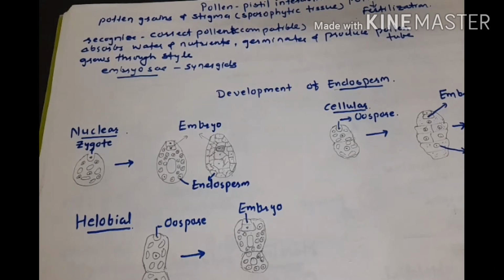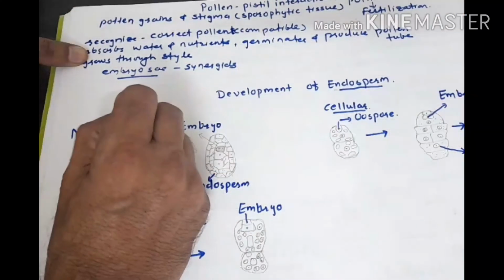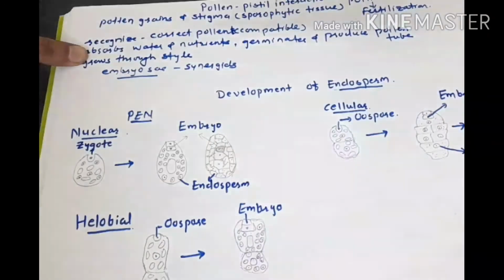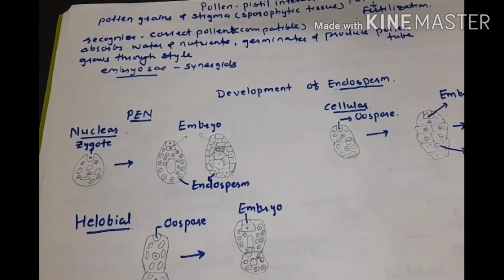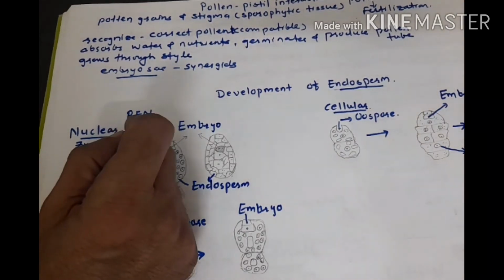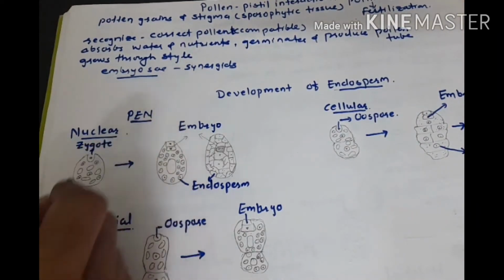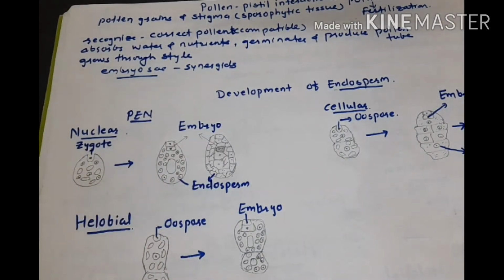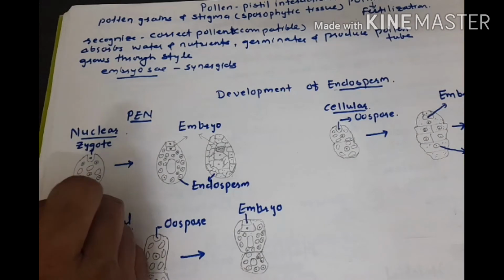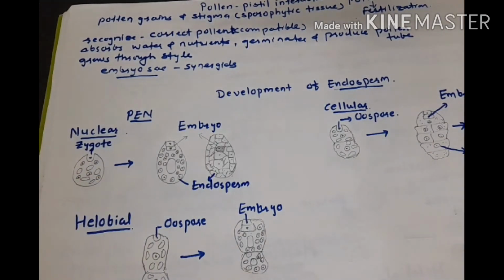During the formation of nuclear endosperm, the primary endosperm nucleus, PEN, undergoes free nuclear divisions forming a large number of triploid nuclei which remain freely suspended in the common cytoplasm of the cell.